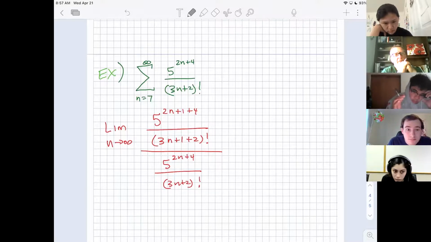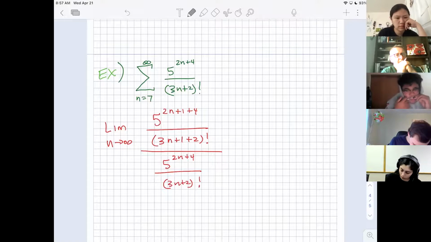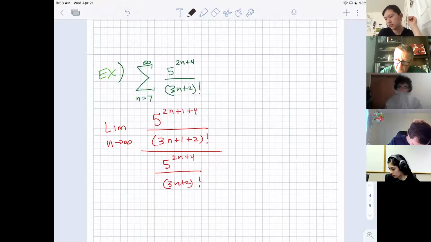If you did, think about what's wrong with what I just wrote. Not hard, just replacing n with n plus 1 to start with. You added incorrectly, but you also didn't distribute. Yeah, it's important that you realize you're replacing n with n plus 1.